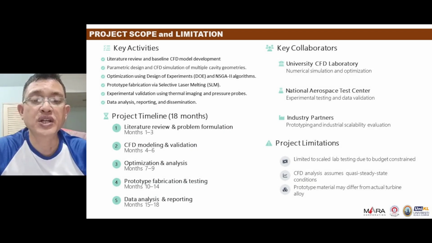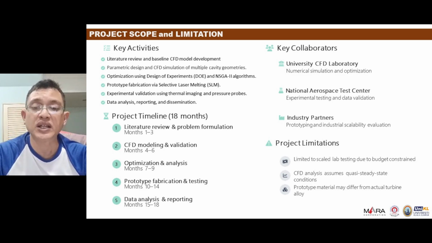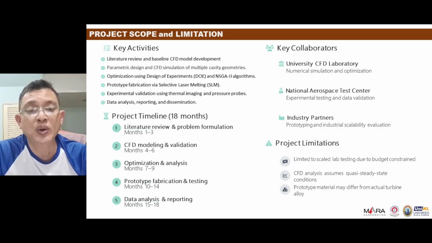This research project is structured around an 18 month timeline, covering all key phases from conceptualization to final validation. The scope includes a comprehensive literature review, development of high-fidelity CFD models, multi-objective design optimization, additive manufacturing of optimized blade tip cavities, and experimental validation through thermal and aerodynamic testing.